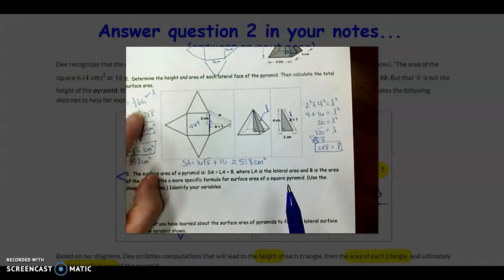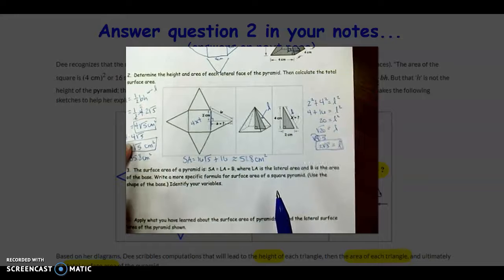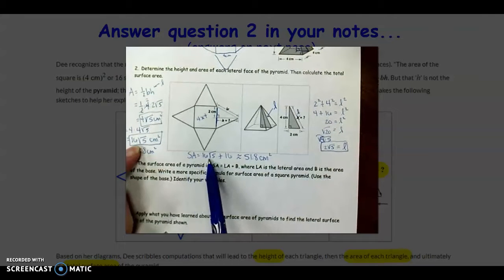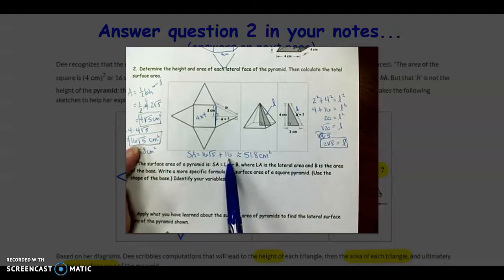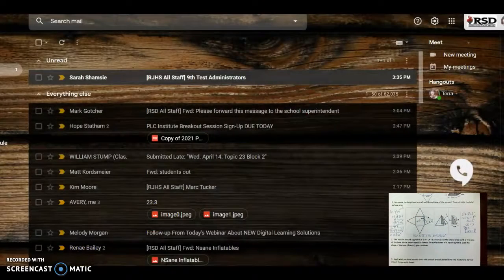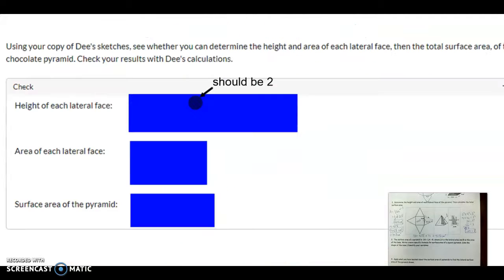That allowed us to find the area of one triangle, and we have 4 of those. So this was our lateral area. Our whole surface area is that lateral area plus the area of the base. So this is the exact surface area. This is our rounded answer. Remember, only round once.